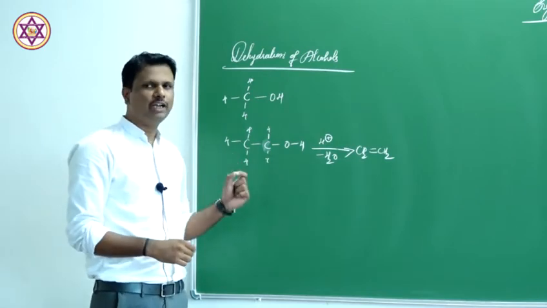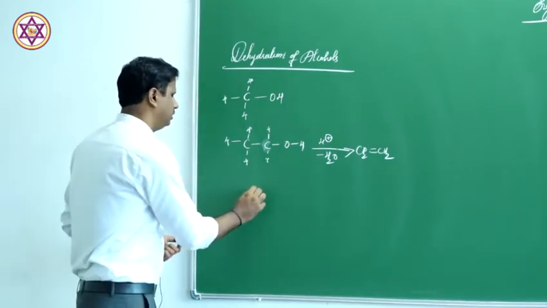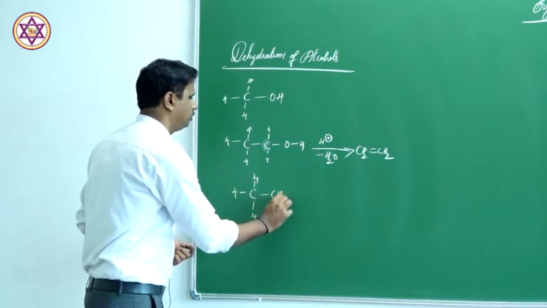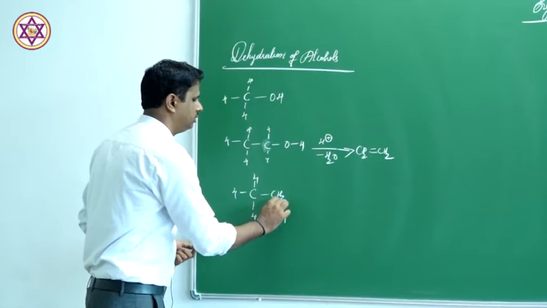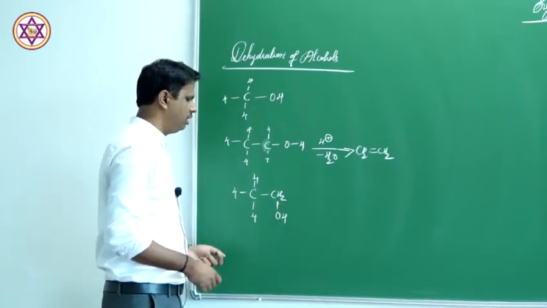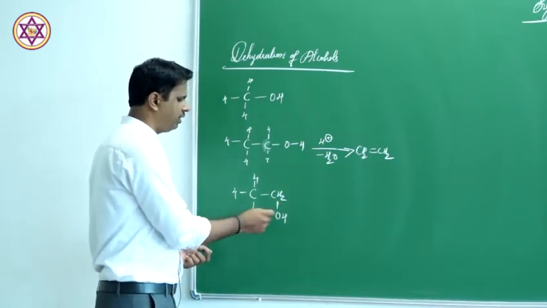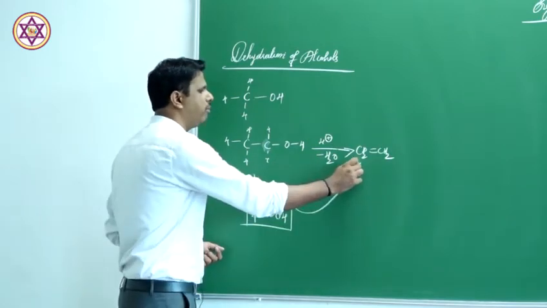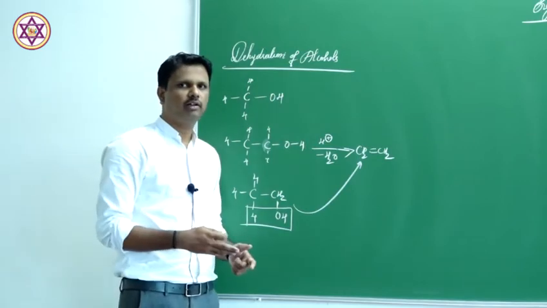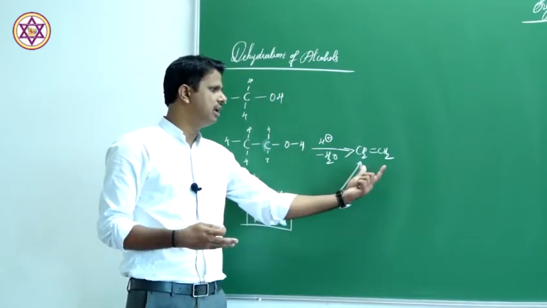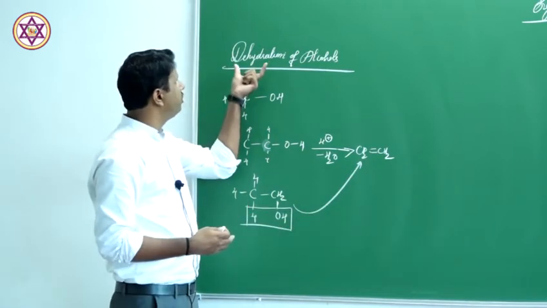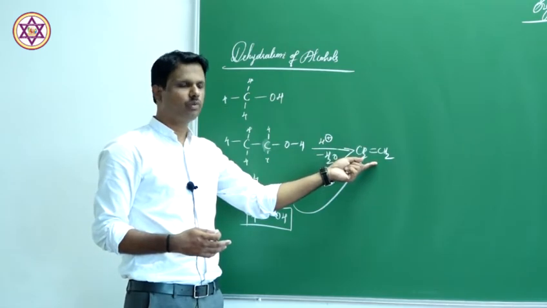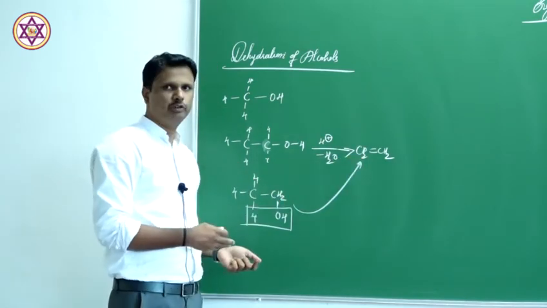So what has actually happened here? I can write the same molecule in this way. Hydrogen from the beta carbon and the hydroxyl group from this carbon have been removed with the formation of a new pi bond. We have got an alkene. So if you dehydrate an alcohol, you are going to get alkenes. This is the simplest example we can give.